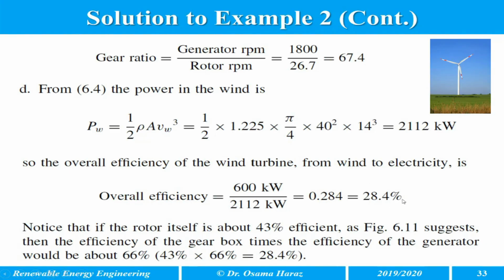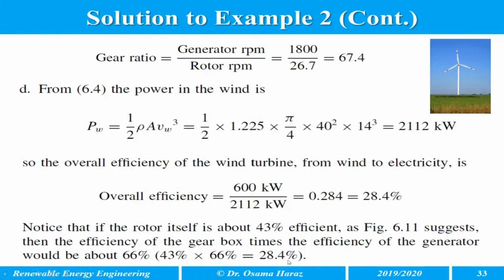So notice that the rotor itself is about 43% efficient, and due to using the gearbox, the efficiency drops from 43% to 28.4%.